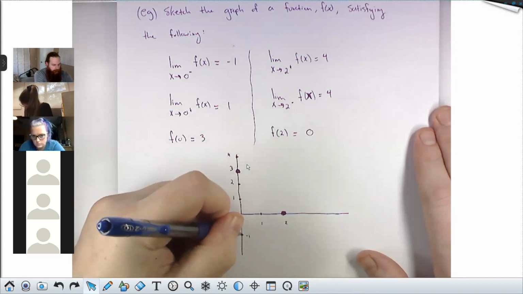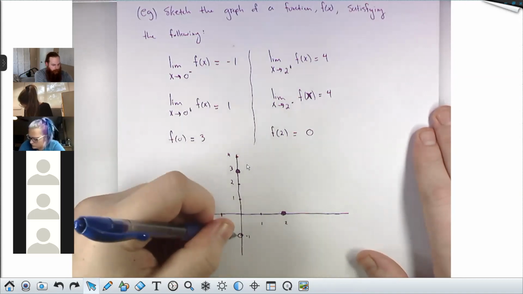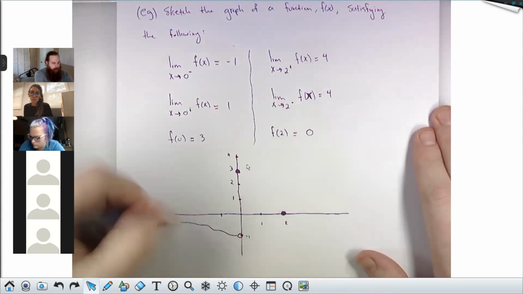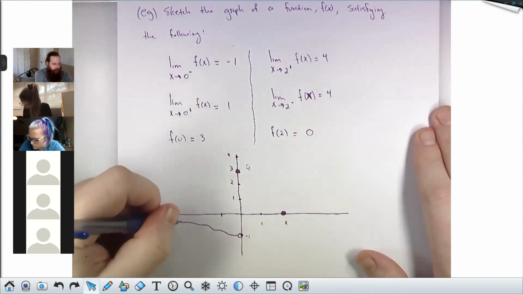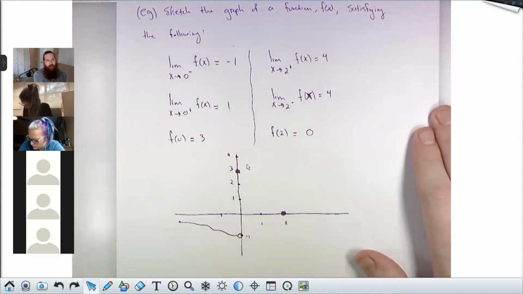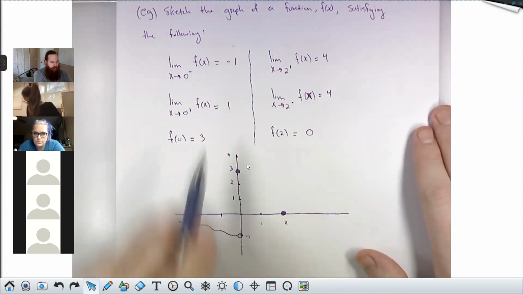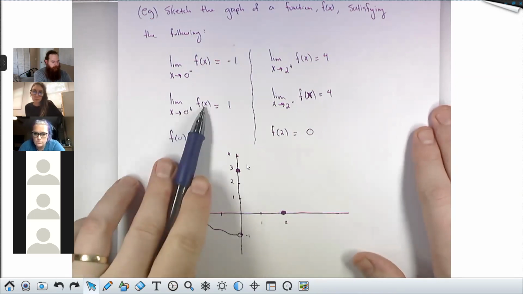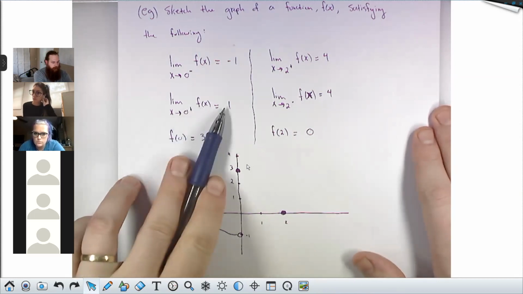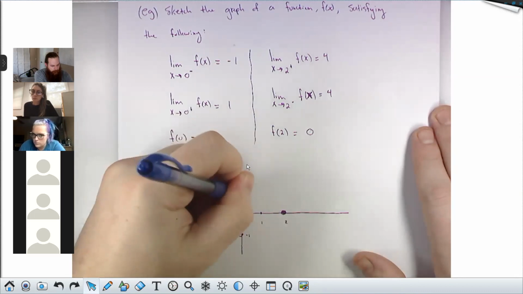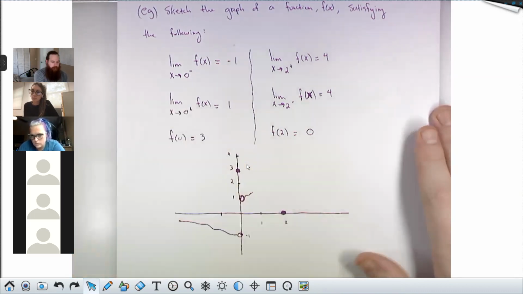So that means I'm going to have something like this going on over here. It could do whatever sort of weird wiggly stuff you wanted, but it's got to have something like that going on over there. And I want the limit as x approaches 0 from the right of f of x to be +1. So that means I've got to be doing something over here like this.